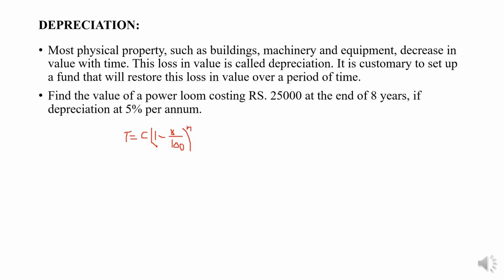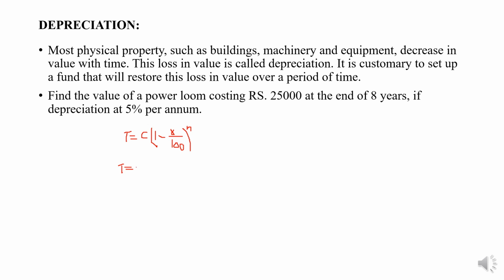So the C value, or the original value, is already given in the example. So we put all these values in the formula to calculate the scrap value or the depreciated value.